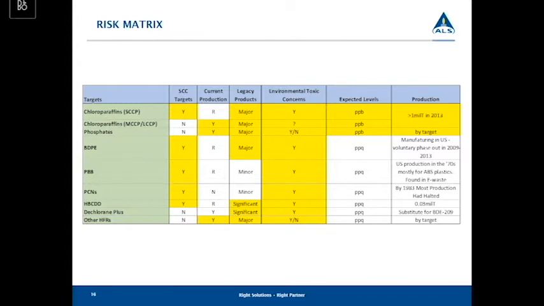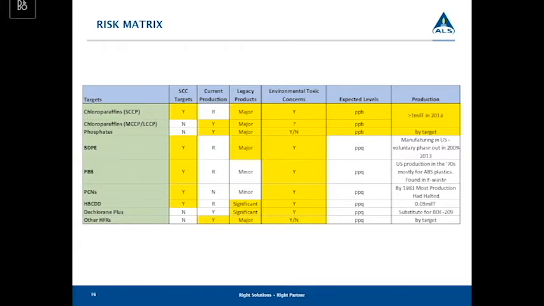For example, the chloroparaffins: the short chain are, the medium and long chain are not. Are they legacy products? Yes or no? Are they currently being used? Yes or no? R stands for reduced, so that gives you a general idea of what's being put out there right now into the environment.